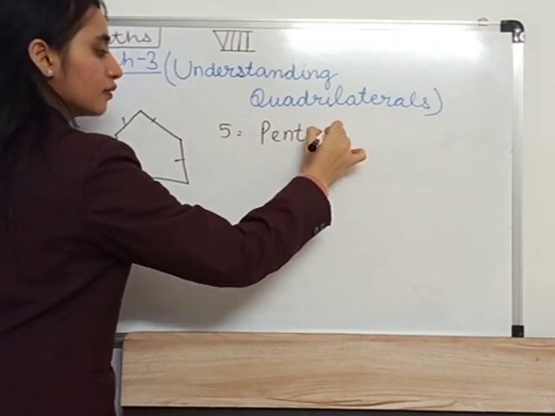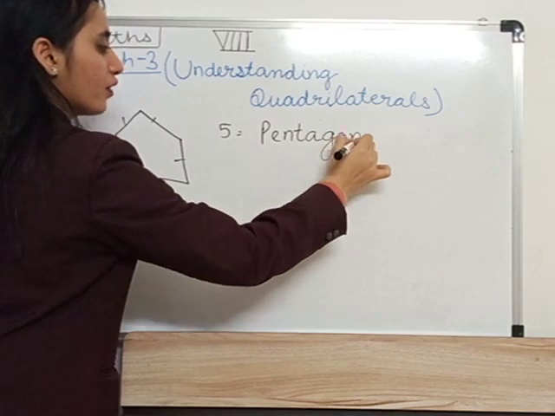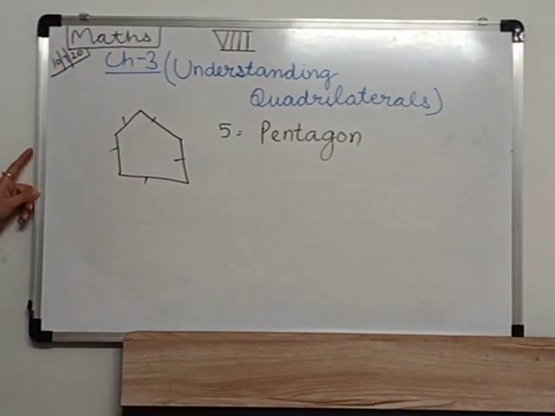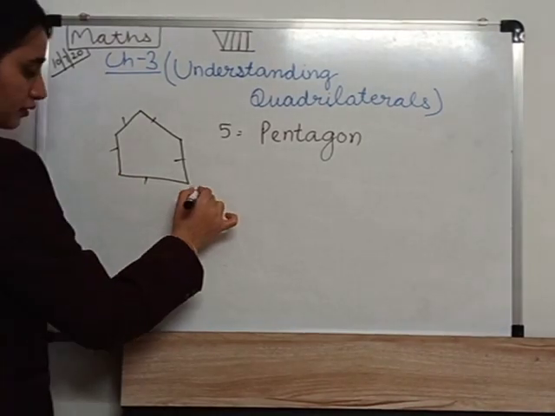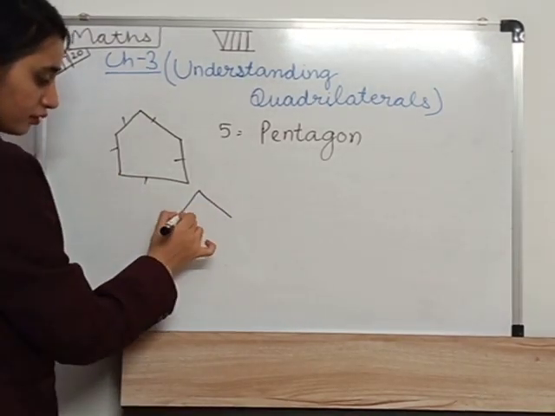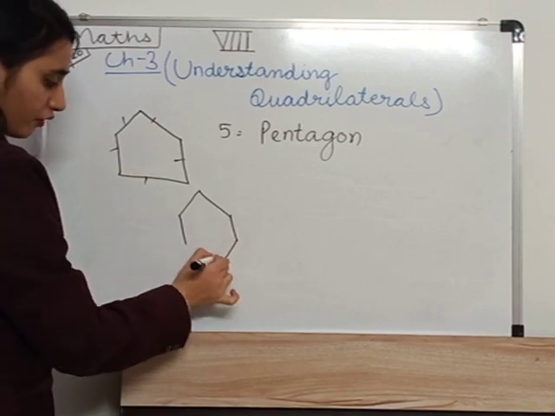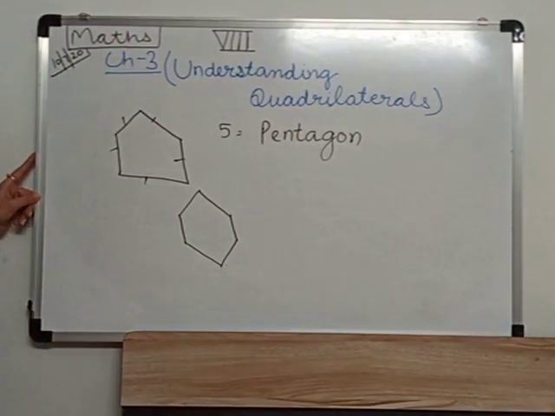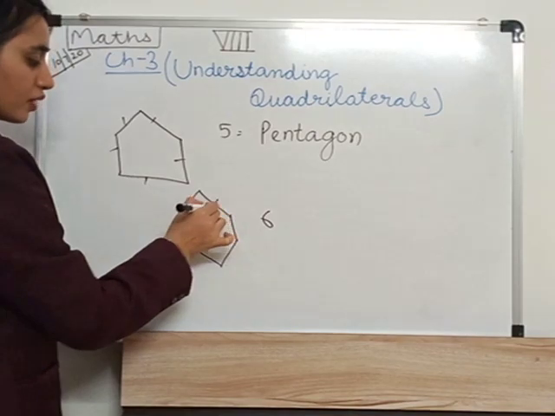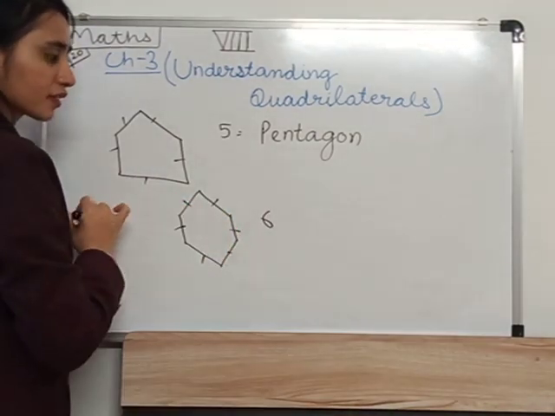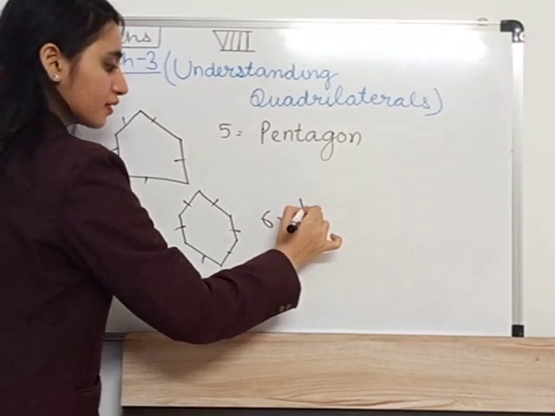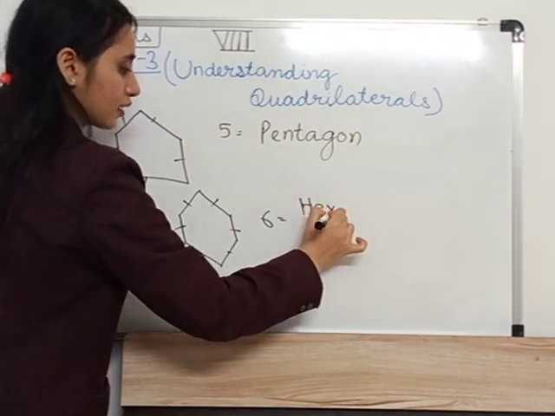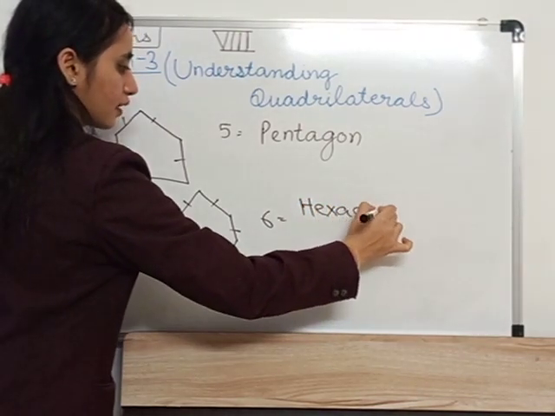Pentagon. Penta means 5, gon means sides. Understood? Now if a polygon has 6 sides, like this, 1, 2, 3, 4, 5, 6, that name is hexagon.